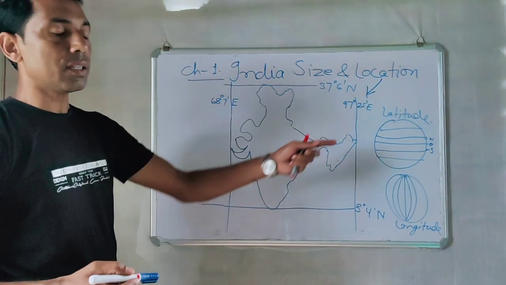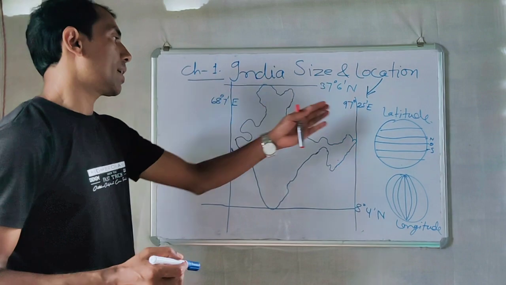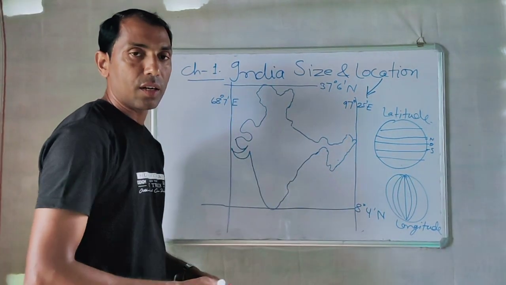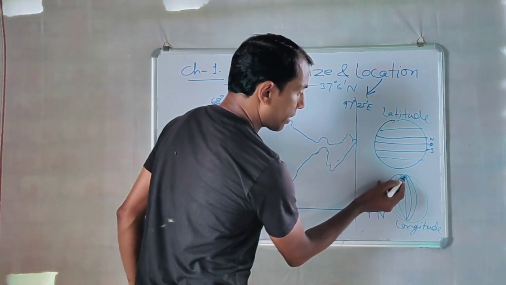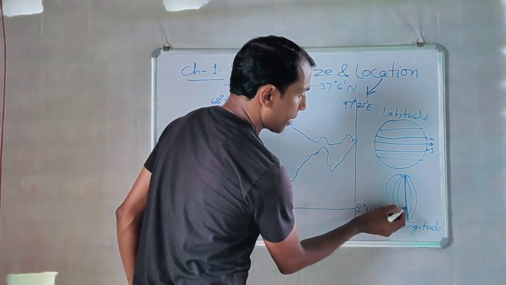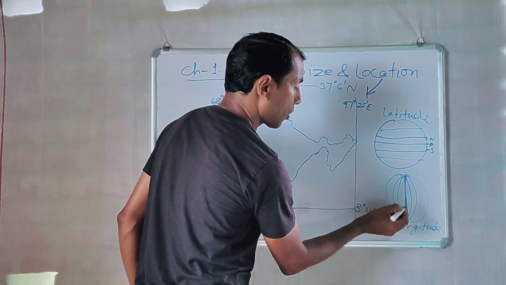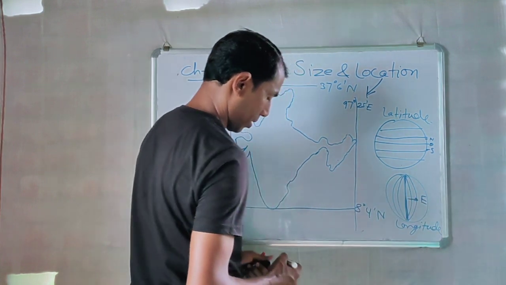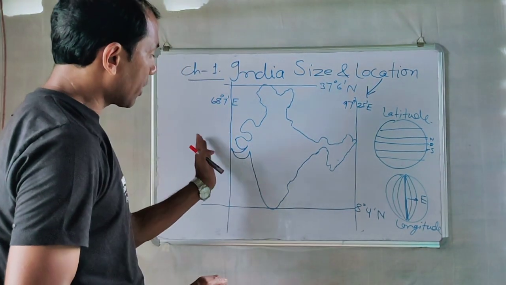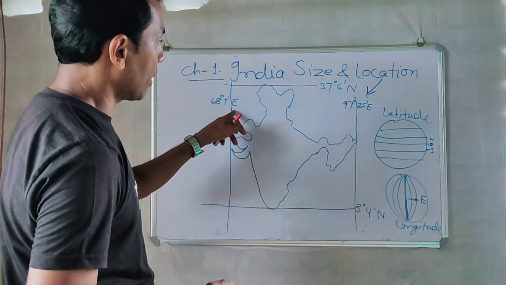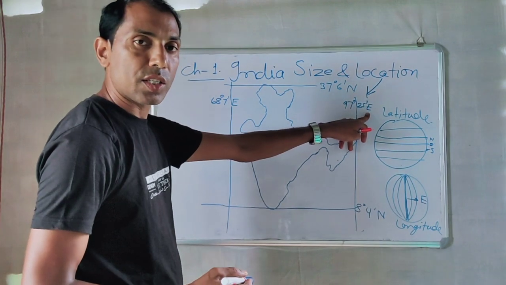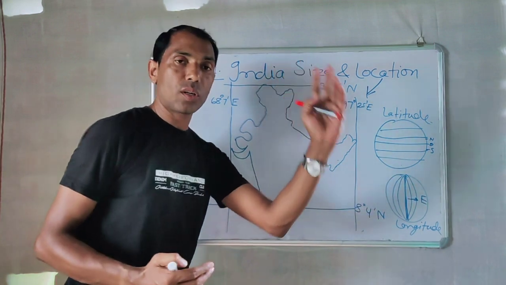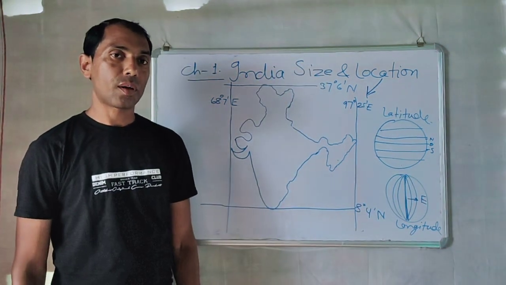What is it indicating? It is indicating that India is on the eastern side of the Greenwich line. Yes, this is the Greenwich line, the center line. So from the Greenwich line it is eastward, right? Meaning the western side is east, and the eastern side is also east. That means the whole of India is lying in the eastward side, right?